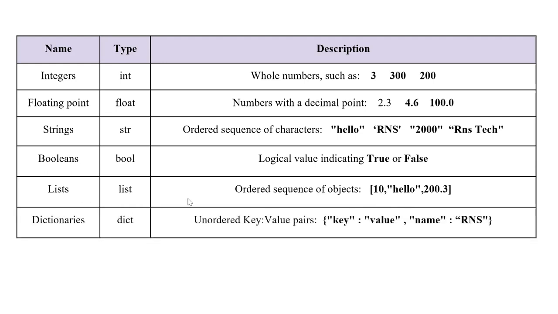Okay, that is about lists. But you have another one which we will use most frequently: dictionaries. The type is dict, and these are key-value based. They are not based on order, but on key and value. Suppose a dictionary has millions of words. How are you going to identify a particular word?